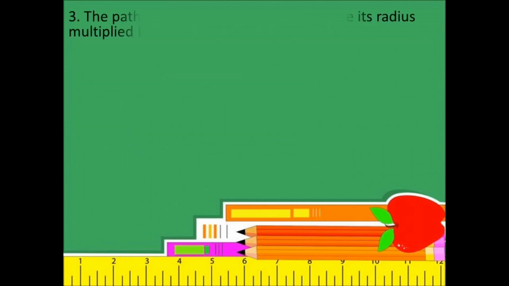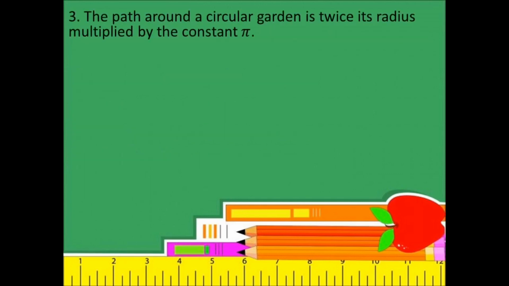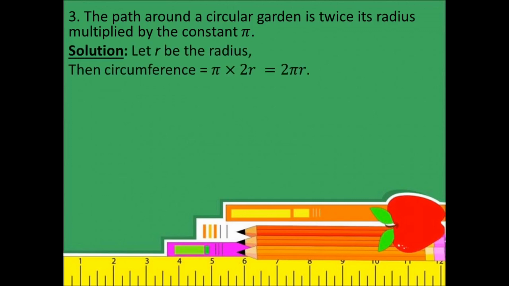Now the third example says that the path around a circular garden is twice its radius multiplied by the constant pi. So students, here we don't know the radius, so we will let r be the radius. Now the path around a circular garden means circumference.